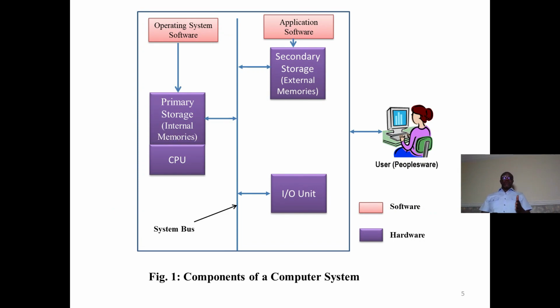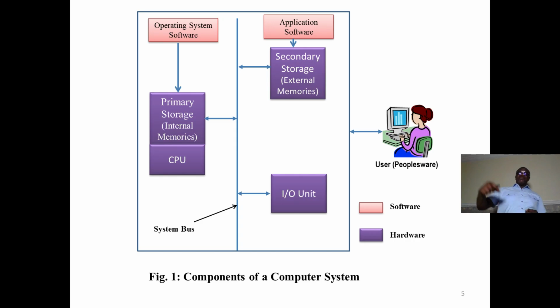If you look at Fig 1, you see the ones in violet color. We call this the CPU, Central Processing Unit, that contains the primary storage, or what we call the internal memories. You have the secondary storage, which we call the external memories. You have the I/O unit, the input-output unit.